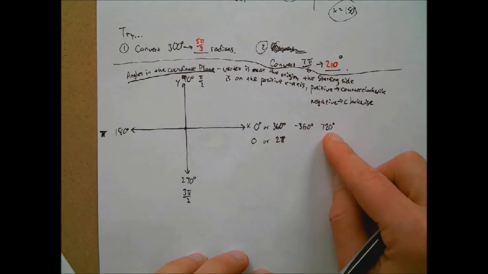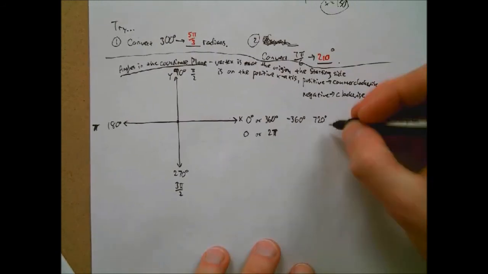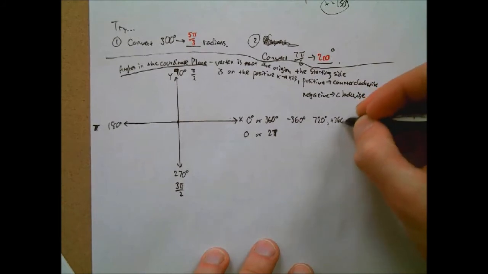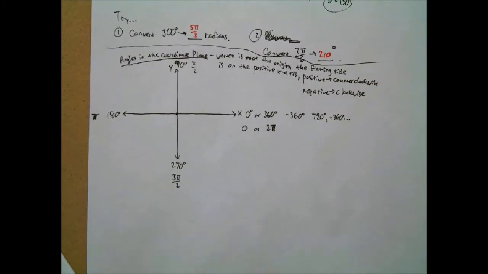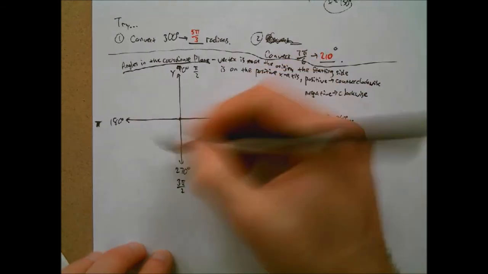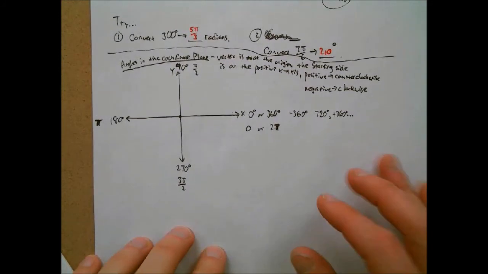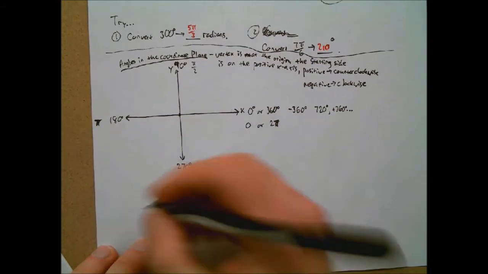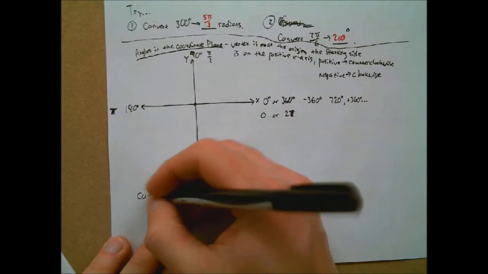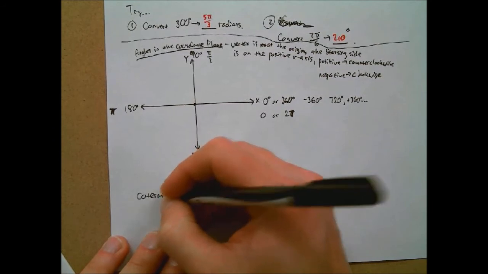And of course, we could keep adding 360 degrees, and we get in the same position every single time. So any angle that we would have here really has an infinite number of ways to describe that location. Okay, this idea is called coterminal angles.